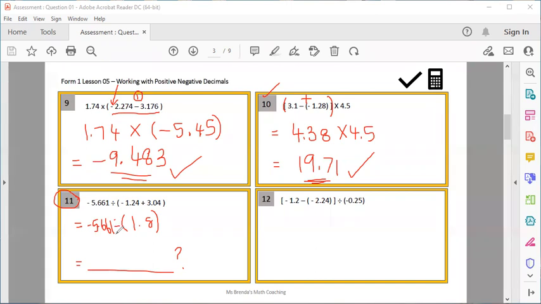So negative 5.661 divided by 1.8, that's right, negative 3.145. Let me check. Dania, correct. Gloria, correct. Sridhar, I think you missed out the negative. Siddharth, correct. Tristan, how about you? Fahim, Krishan, did you get this answer?